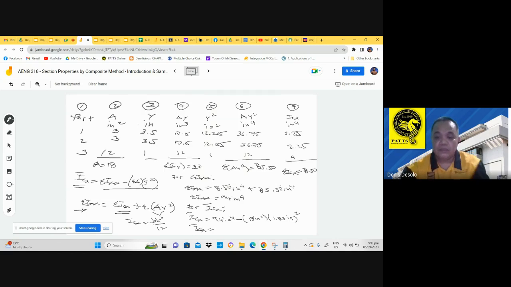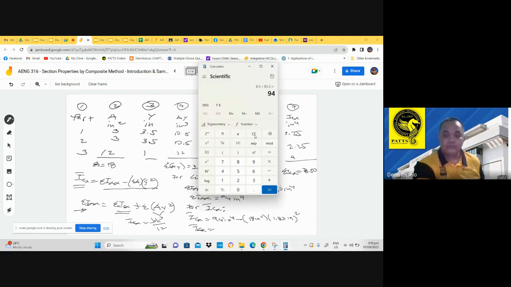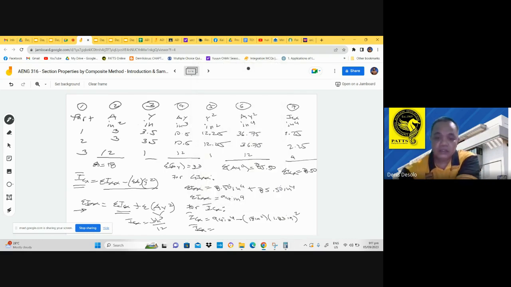Okay, so let's solve. 94 minus 18 times 1.83 squared. We have 94 minus 18 times 1.83 squared, close, 33.72. So the answer is 33.72 inch to the fourth power.